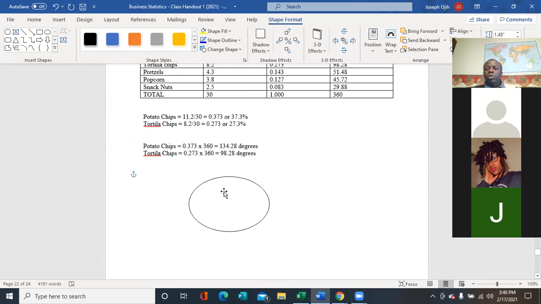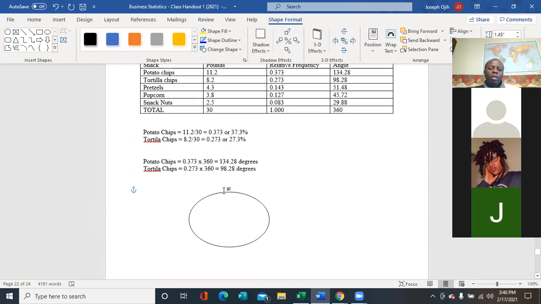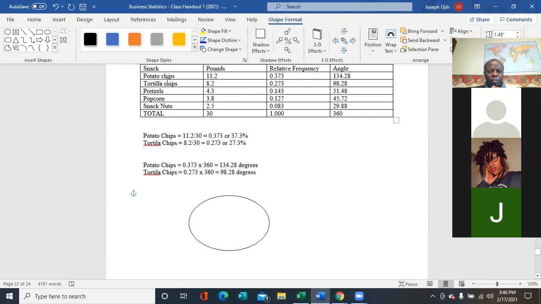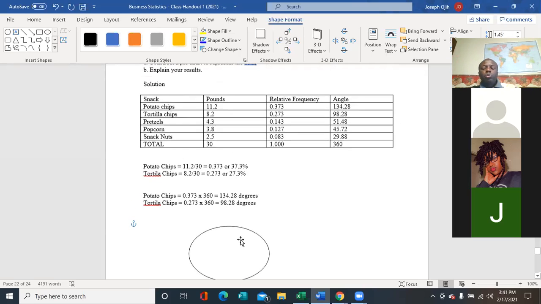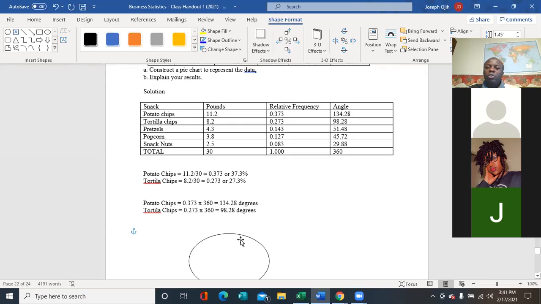Once you draw the circle, use a ruler and the protractor to measure the angle for potato chips, then draw it and write potato chips. Then you measure the angle for tortilla chips, and for pretzels, and that will give you the complete pie chart. Now I'm going to take you to Excel so that we can do it with technology.